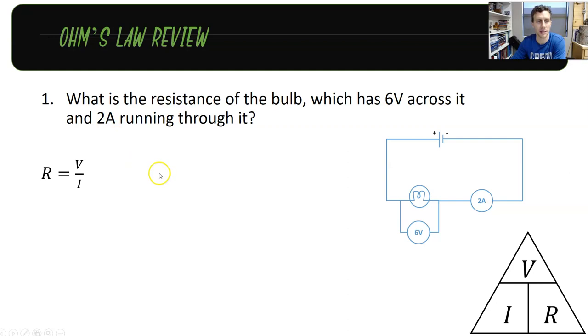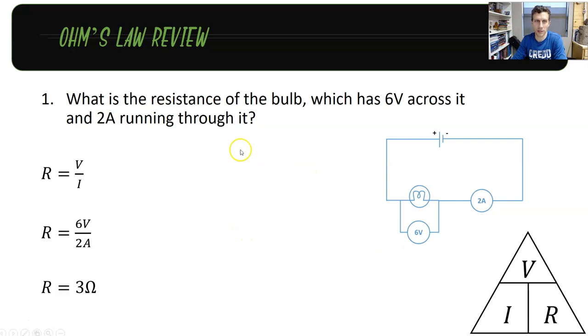So my next step would be R equals 6 volts divided by 2 amps. And then my third step is to find the resistance. You can do this in your head, or you can use a calculator. 6 divided by 2, and that is 3. And the units for measuring resistance are ohms. So it's 3 ohms. Okay?